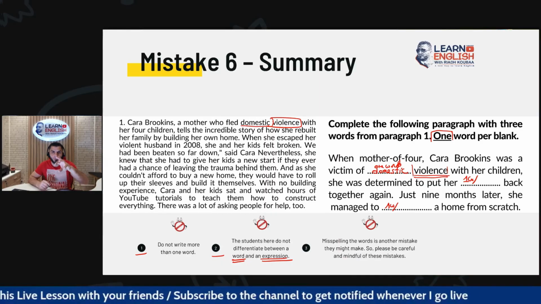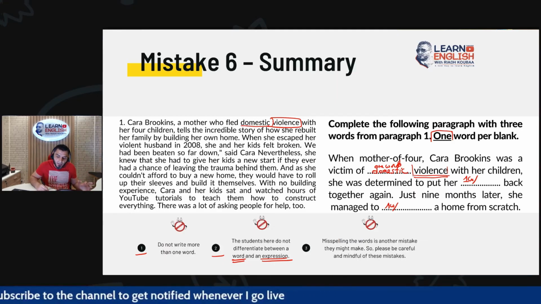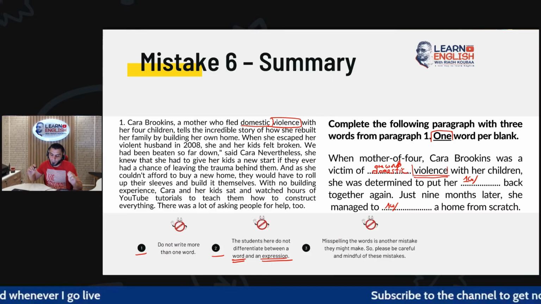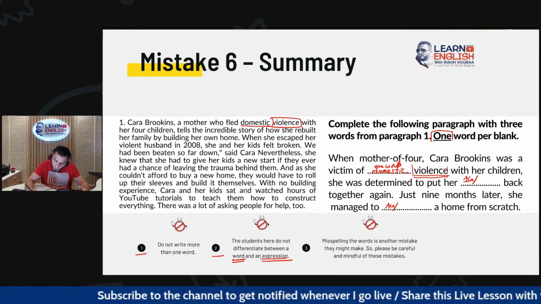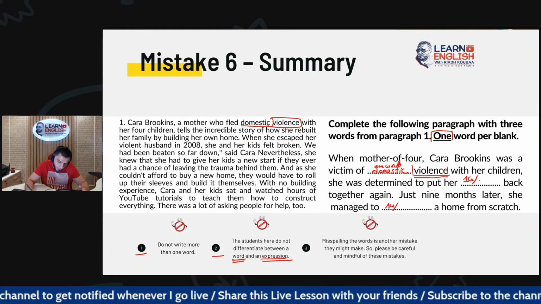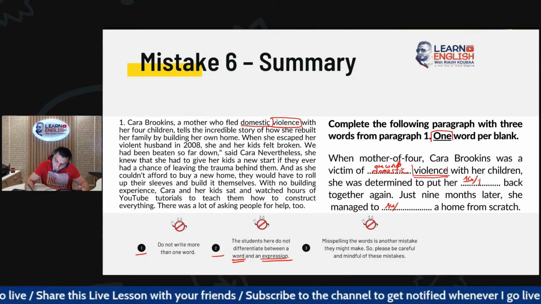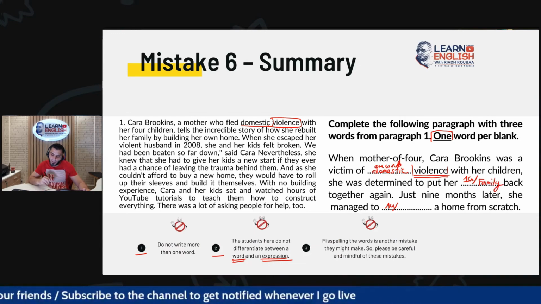So I have to find the keywords in the summary and find them in the text and try to read one sentence before that. She was determined to put her what? To put her family or life back together. So, to put her family back together again.